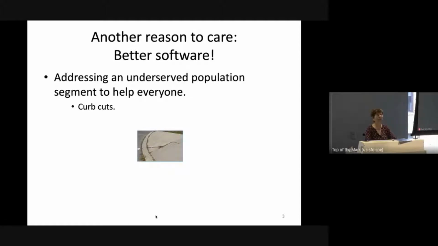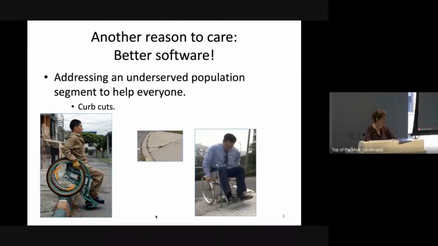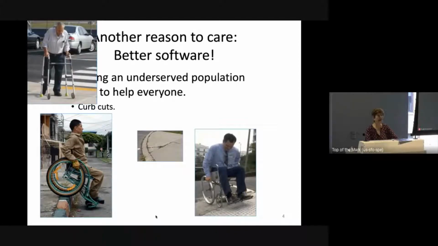Of course, curb cuts are your classic example, invented back in, I don't know, probably about the 60s to help people like this person in a wheelchair. They said, whoa, these shouldn't be the kinds of things people in wheelchairs have to deal with. Curb cuts were born, and they did help people in wheelchairs. That's awesome. And of course, they helped people with wheeled walkers too, which is great.